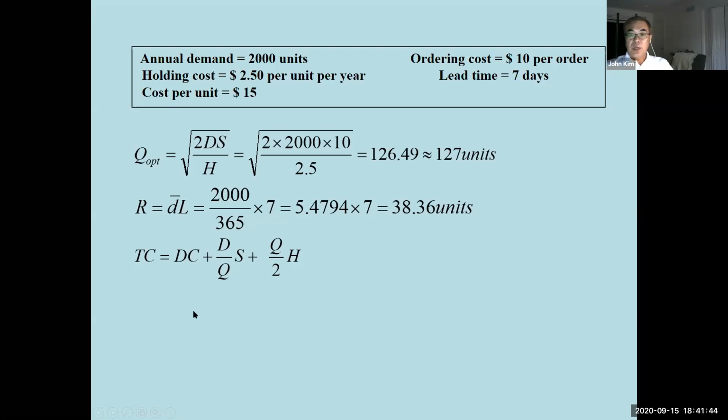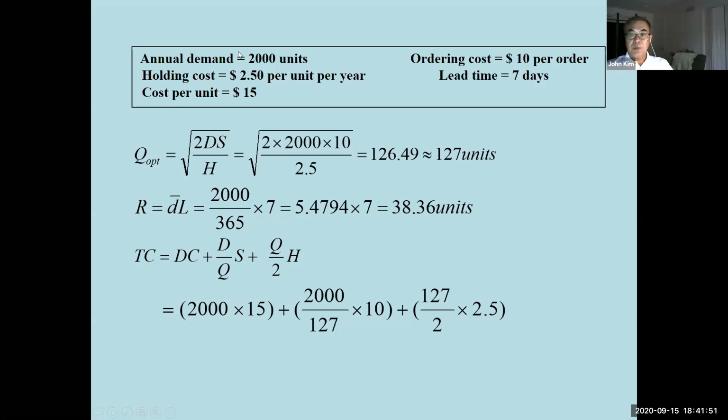So plug in 2000 annual demand times unit cost is the annual purchasing cost, plus placing orders: annual demand divided by order quantity times $10 order cost.